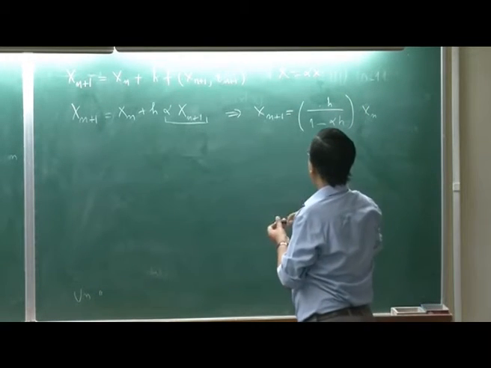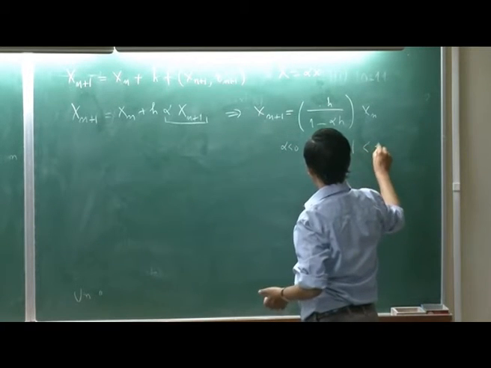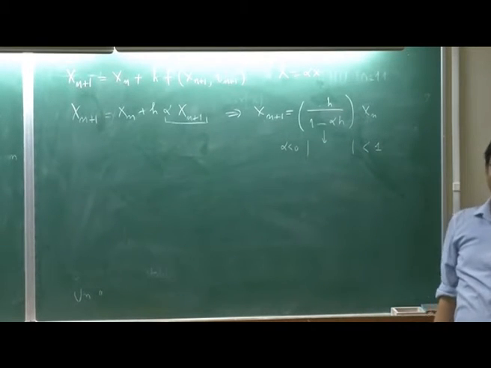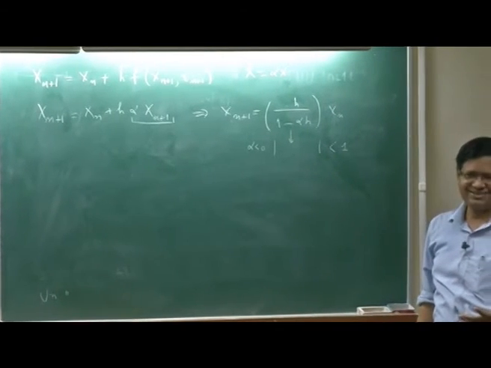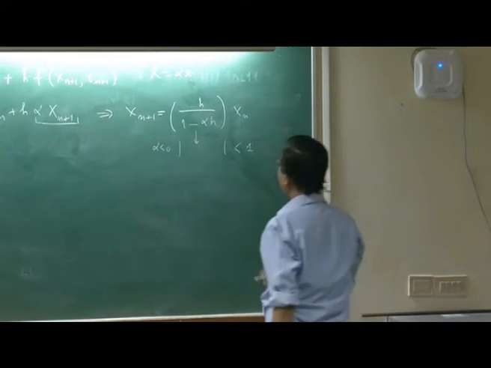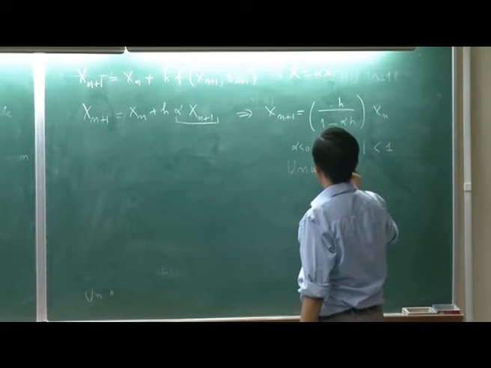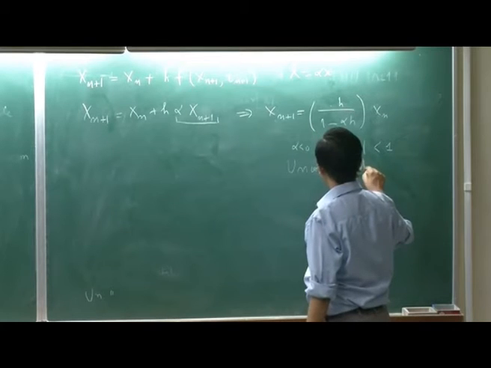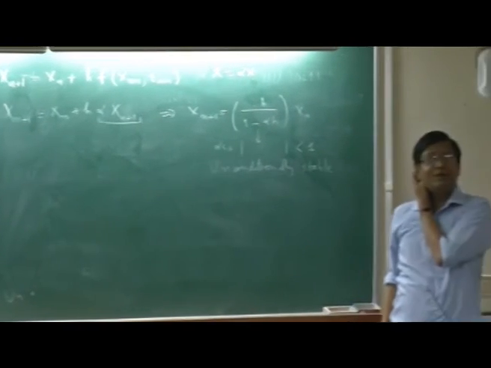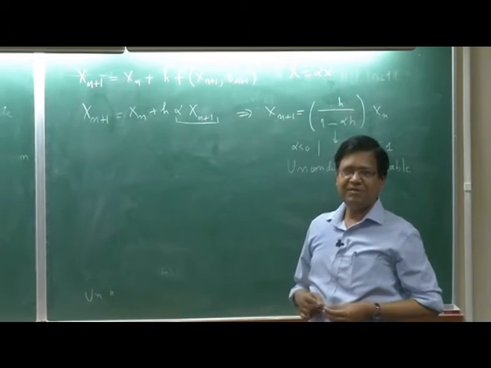So for alpha negative, this modulus is always less than 1. So this is conditionally stable, sorry, unconditionally stable, stable for all h. So Euler backward scheme at least has one advantage, that it is unconditionally stable. Accuracy is again a problem, but it is very stable.